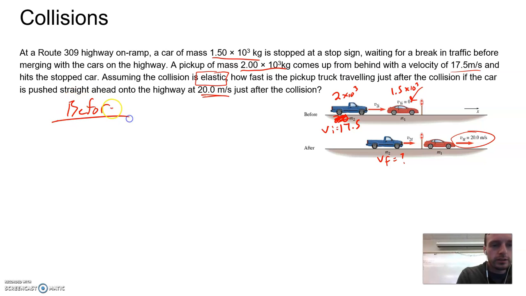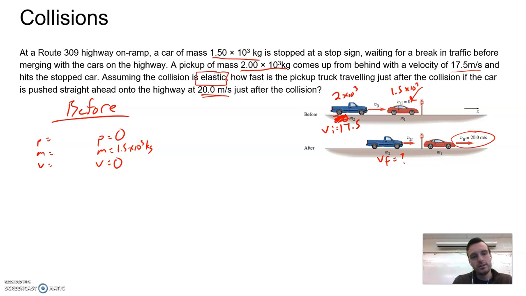Before the collision, the little car is at rest. If I do the PMV stack for the tiny car, let's keep it consistent with our picture and call it the second mass. This guy has 1.5 times 10 to the 3 kilograms of mass, but it's not moving, so it has no momentum. That's the red car before the collision.